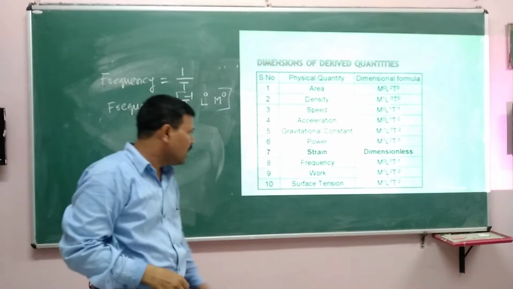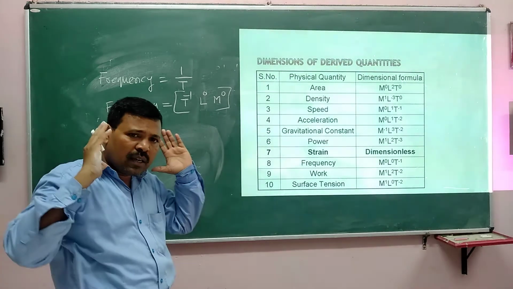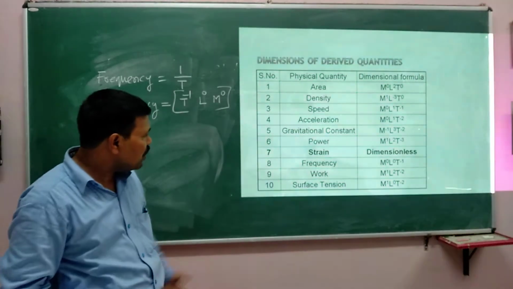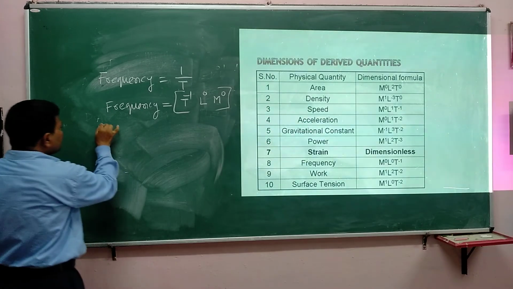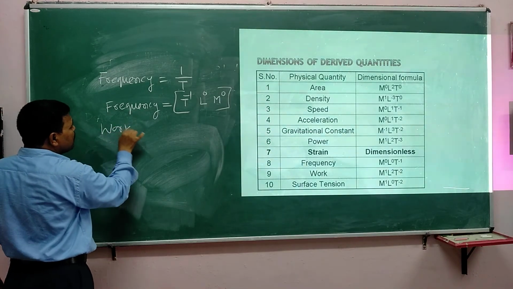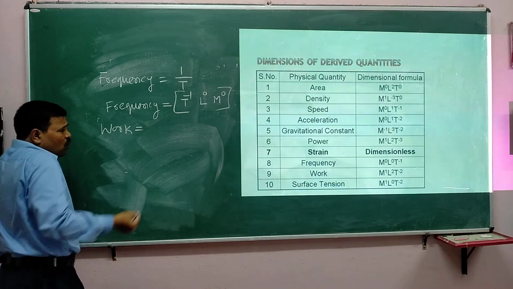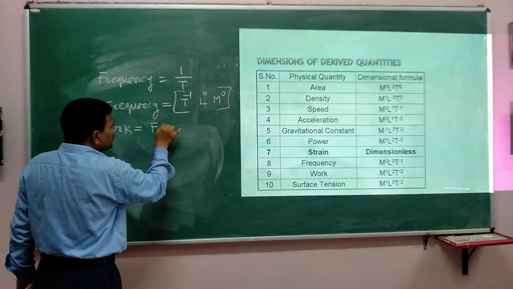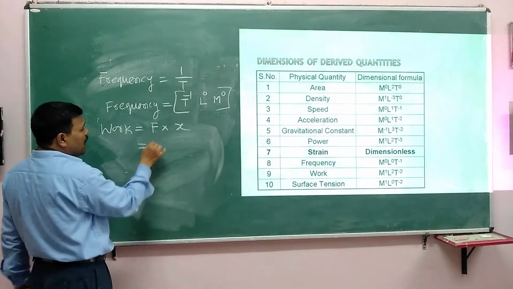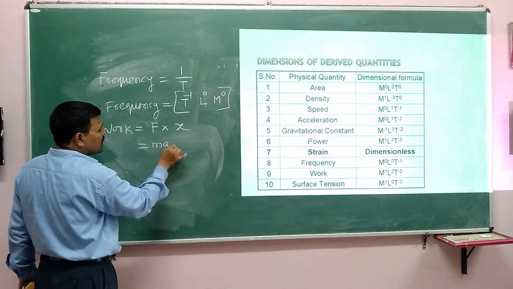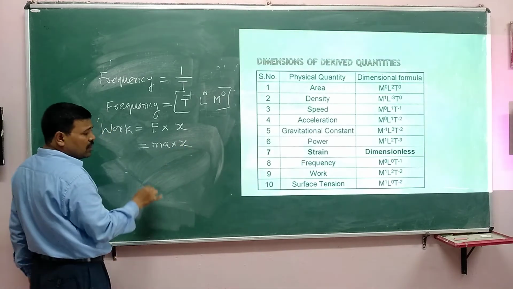That's fine. Now let us derive the dimensional formula of work. Just now I used this dimensional formula of work. Work is known as force into displacement. Force is known as mass into acceleration, into displacement.